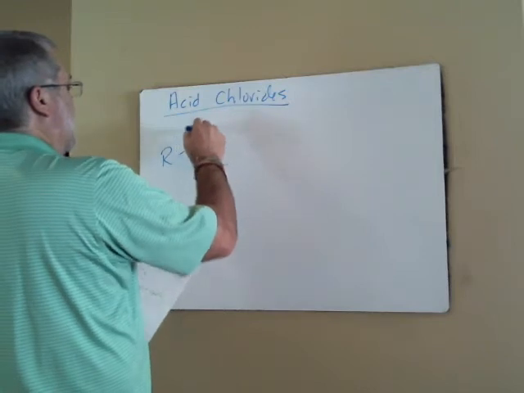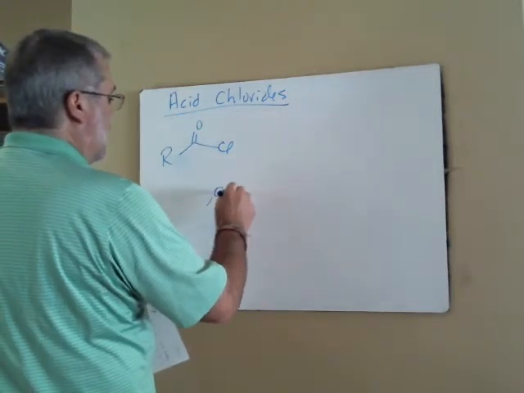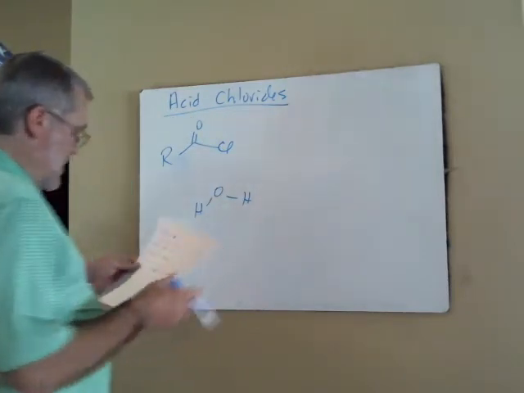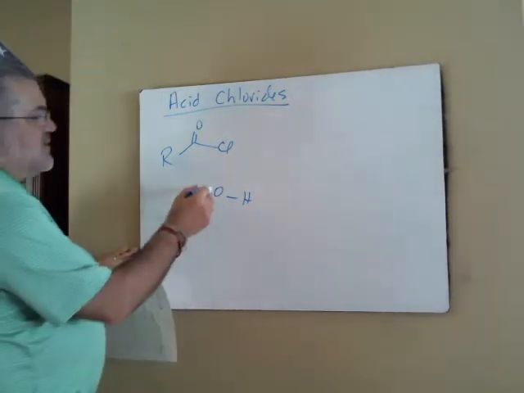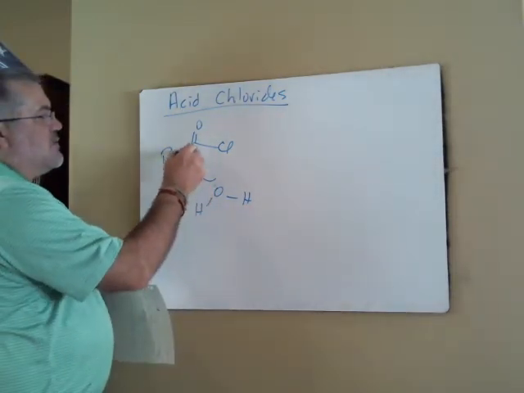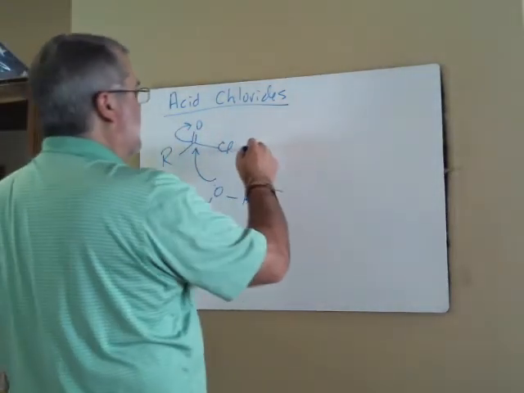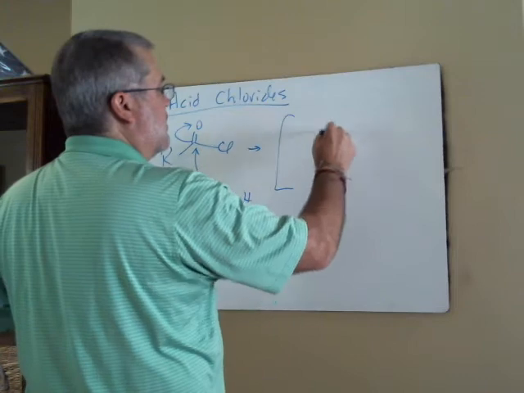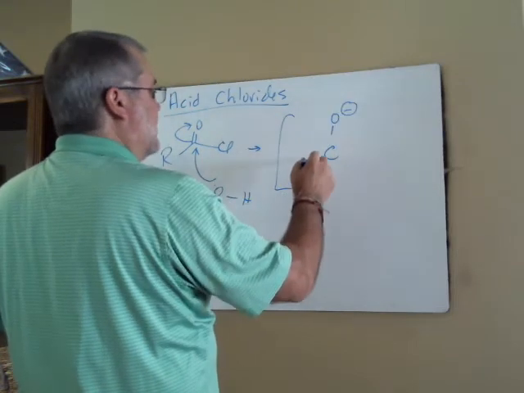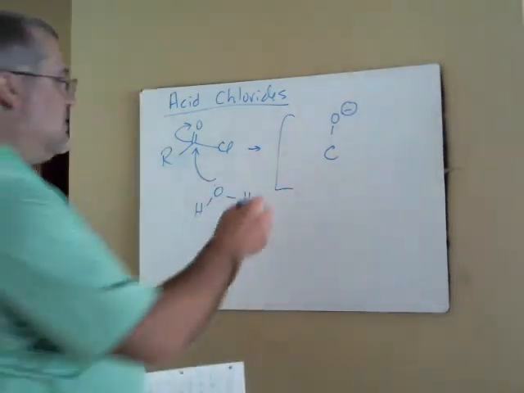So here is my acid chloride, and I'm going to react it with water. Okay? And basically, water is going to come in as a neutral nucleophile, attack the electrophilic carbon in the carbonyl, push these electrons out to the oxygen, forming the tetrahedral intermediate. We're going to see this a zillion times. Already seen it a zillion times.